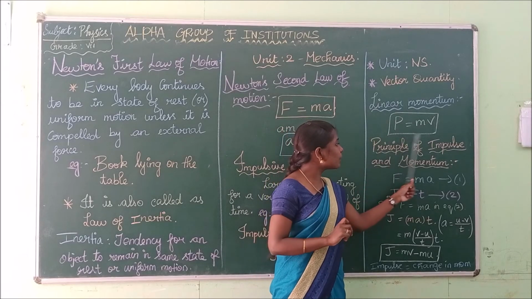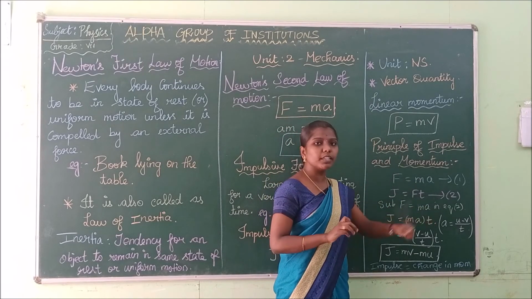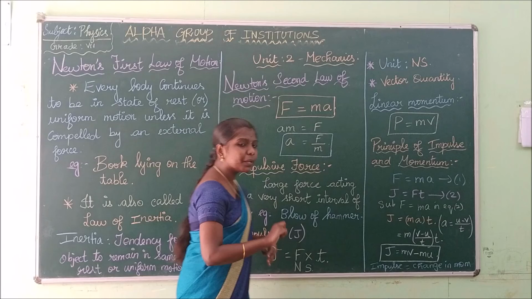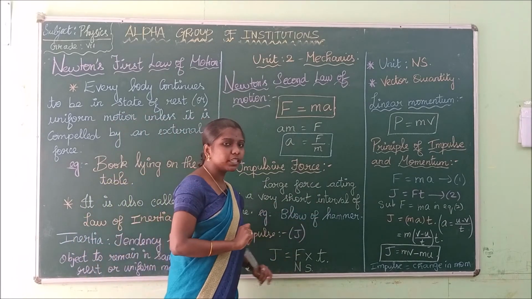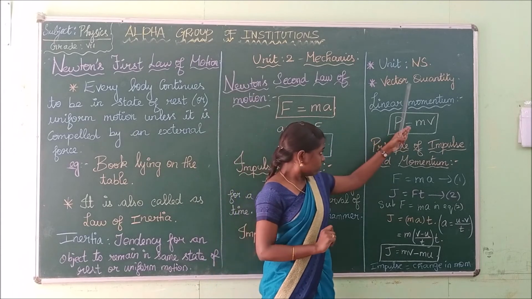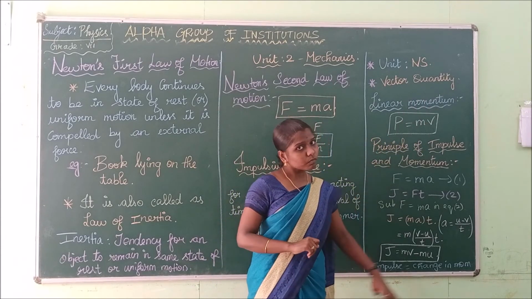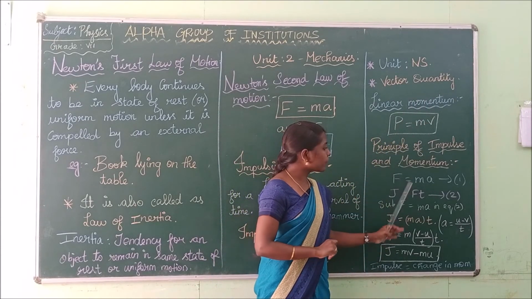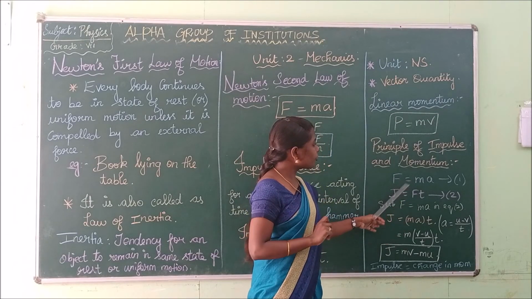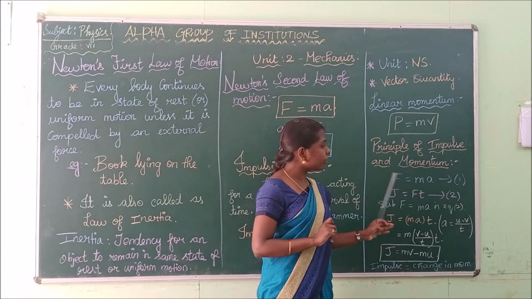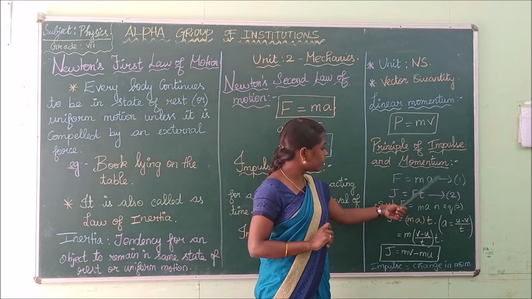Yes. Next, the principle of impulse and momentum. What is impulse? Impulse is the product of force and time. And what is momentum? Momentum is mass into velocity. So we are going to equate impulse and momentum. From Newton's second law, F is equal to ma.